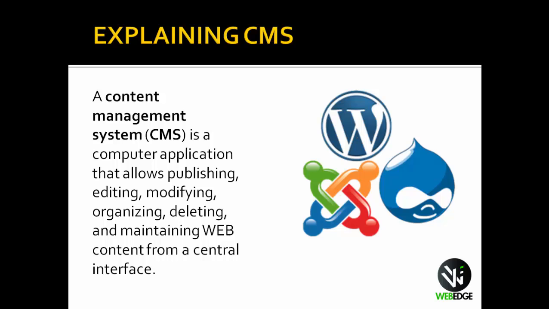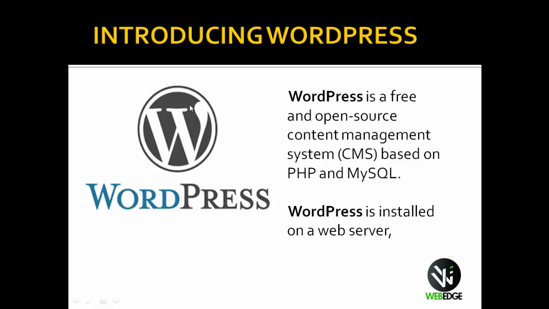Now, there are a couple of them. We have Drupal, we have Joomla, WordPress, Magento, so many of them. But the one we'll be focusing on is WordPress. So I'm going to explain what WordPress is basically. Now, over 16 million websites that were built in 2015 were built using WordPress.